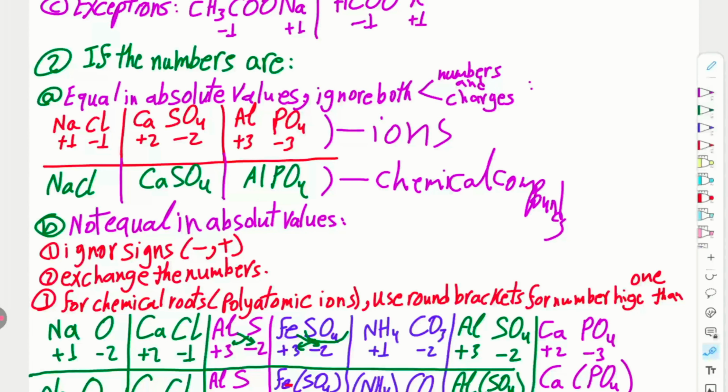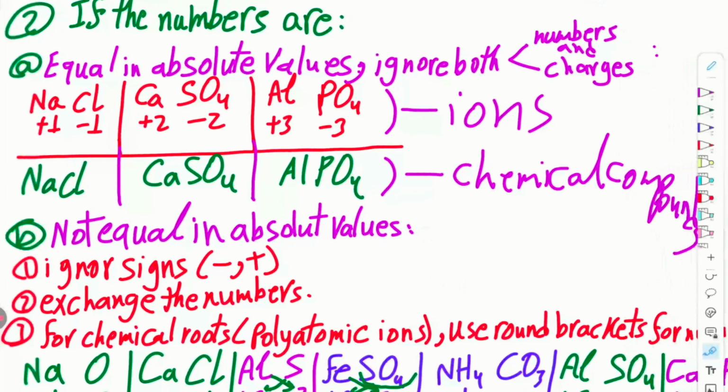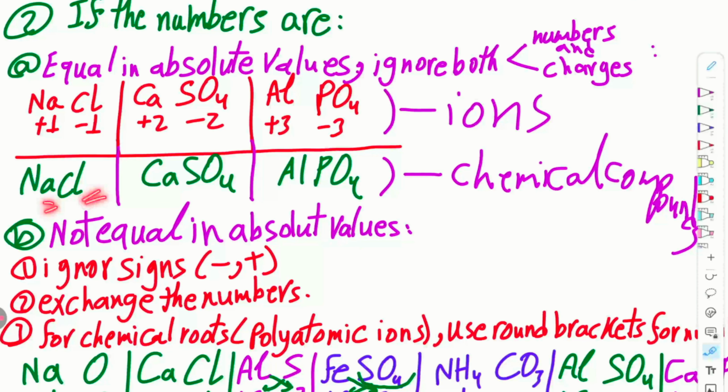For example, here NaCl, we have one. First thing, we ignore the signs, and the numbers are equal, so I combine them together with no numbers. I don't need any numbers. So here, ignore both numbers and charges and combine the compounds. Here we have a +2 and we have -2.